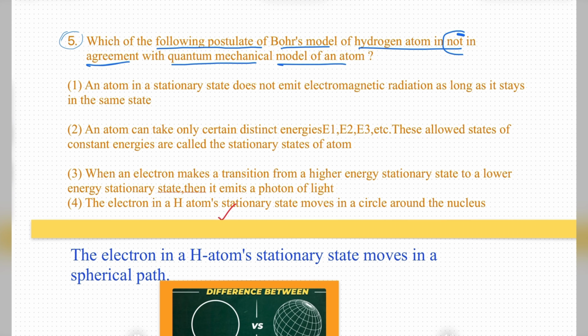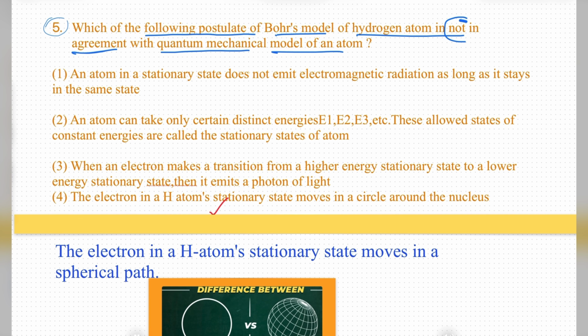Which answer here? The first one: an atom in a stationary state does not emit electromagnetic radiation as long as it stays in the same state. This is the first postulate of Bohr's theory. We studied it so many times.